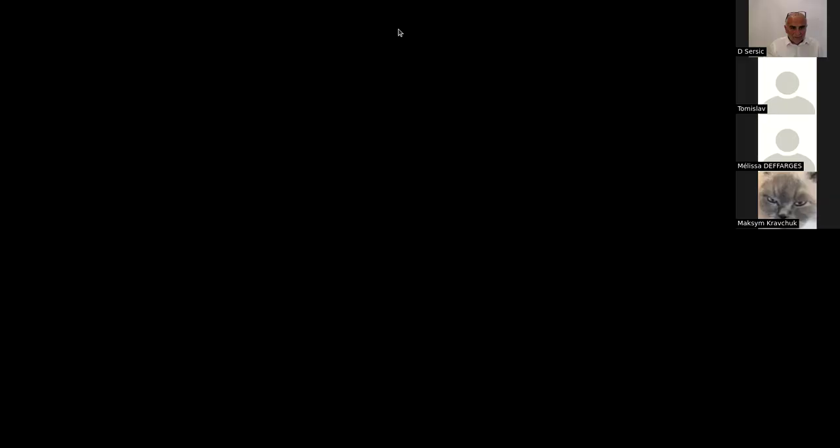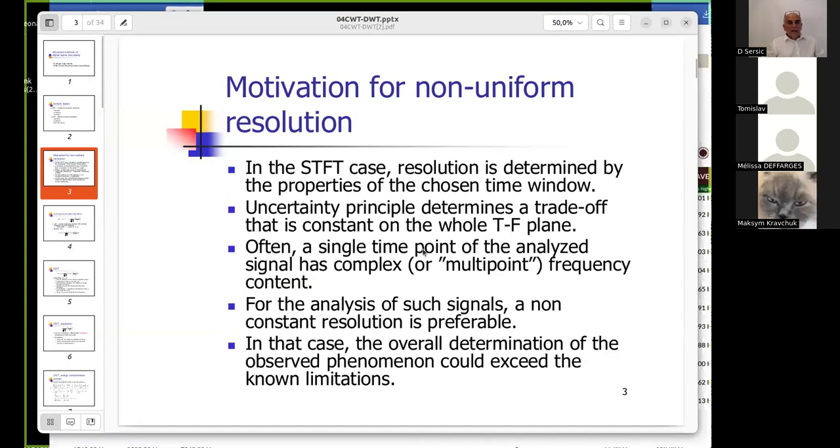So let's go back to our presentation. So, since we cannot beat the uncertainty principle, maybe we can just go around. Instead of having constant resolution over the time frequency plane, maybe it would be a better idea to have different resolutions for different frequencies.